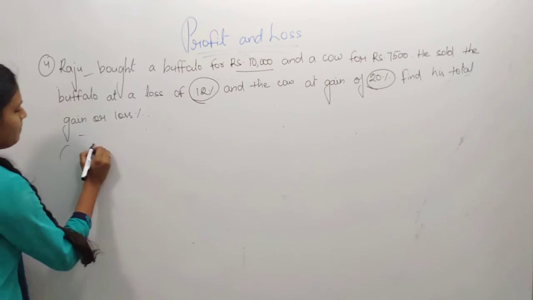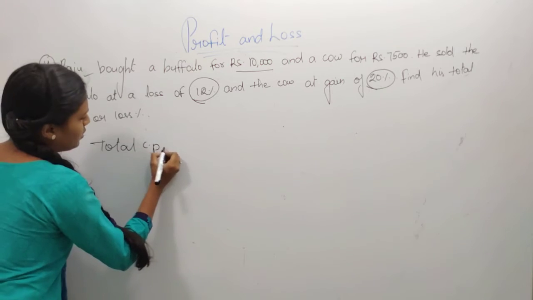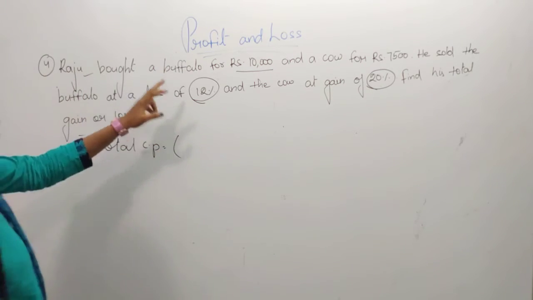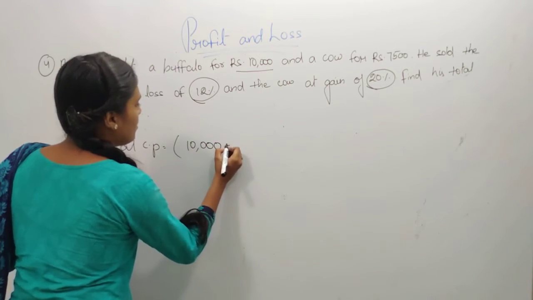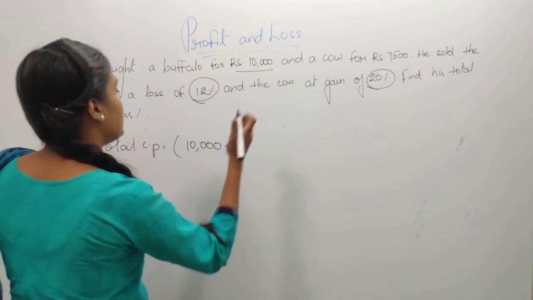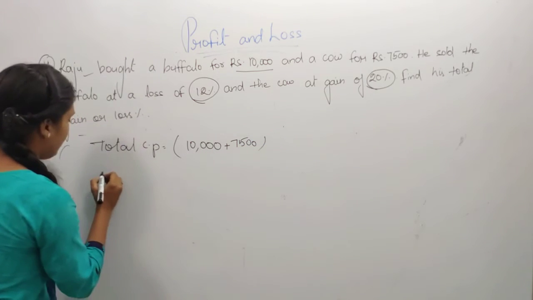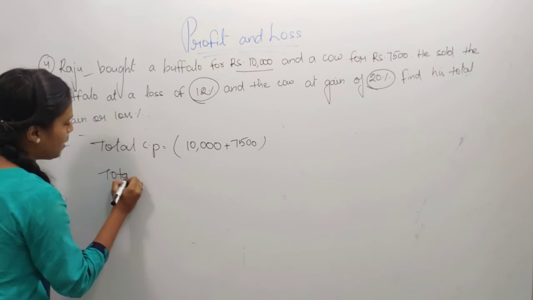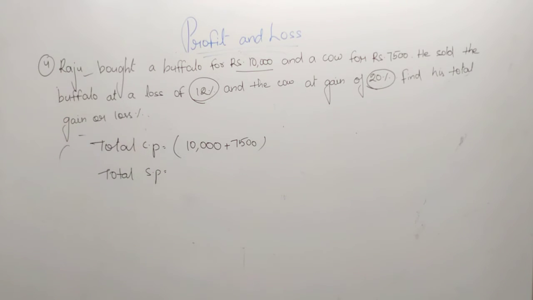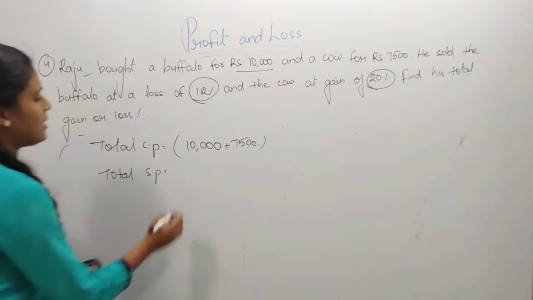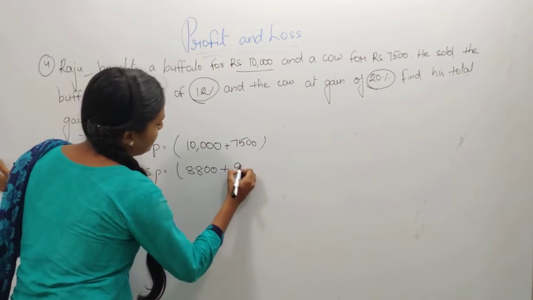Total CP, how much? Total CP, cost price, how much? 10,000 plus 7,500. Total SP, now we solve, what answer did we get? Total SP is equal to 8,800 plus 9,000.